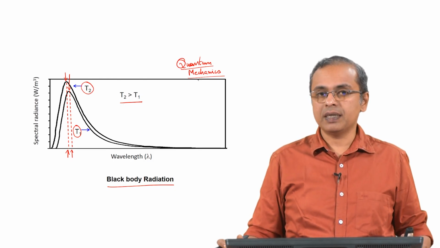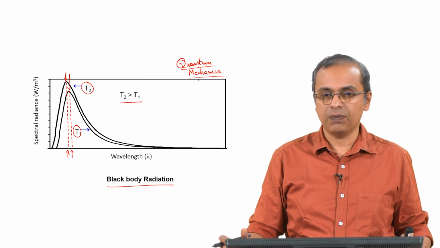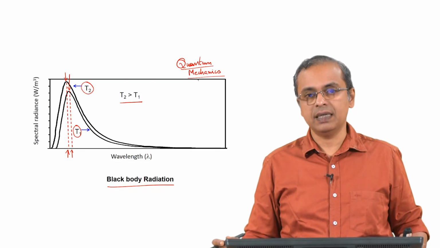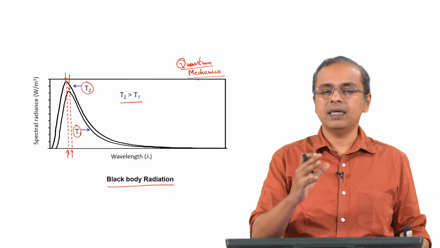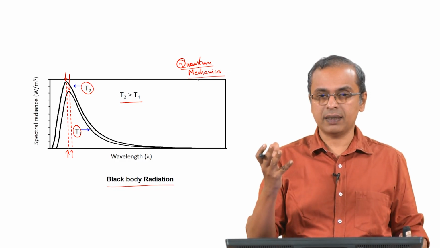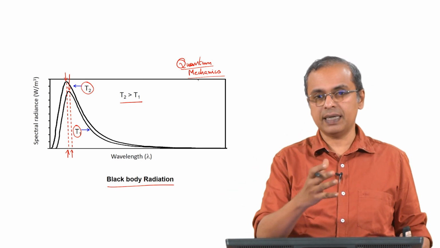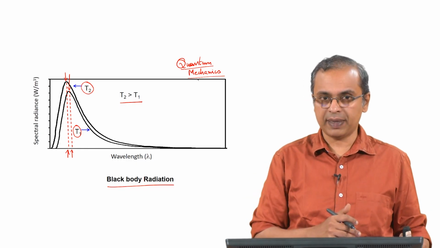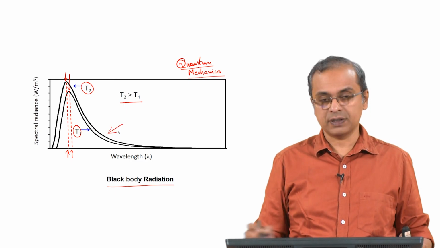Up until that point, people were not aware of quantum mechanics, and whatever physics we knew until then is today referred to as classical physics. Quantum mechanics dramatically changed the way people looked at the interaction between matter and energy, and the understanding of quantum mechanics comes directly from the analysis of this curve.